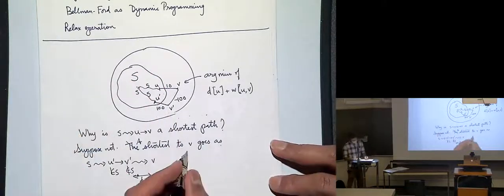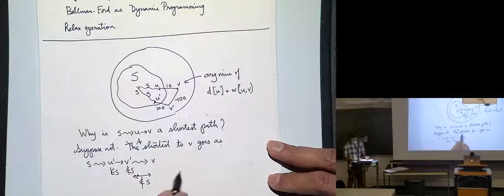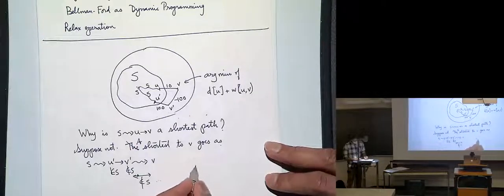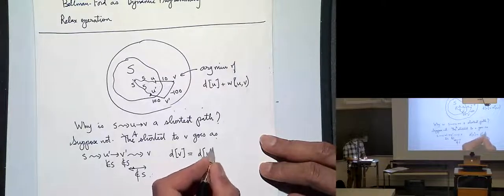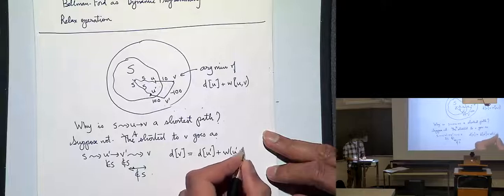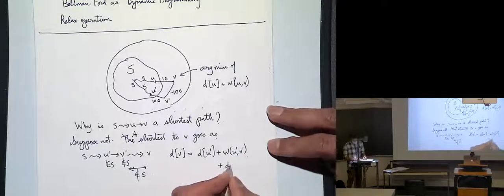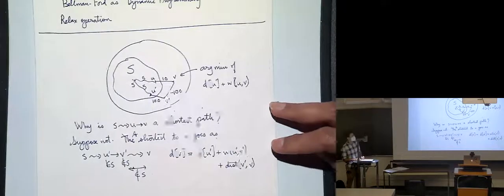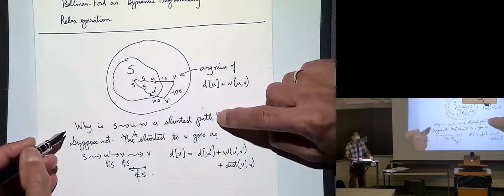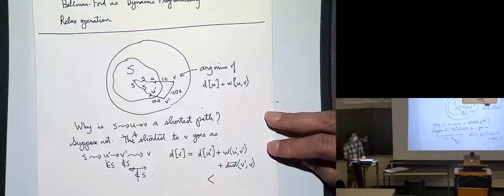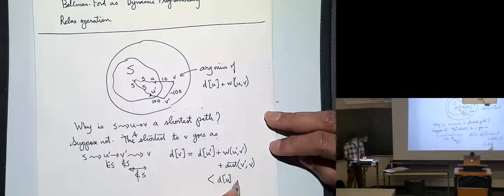So what this means is, let me just write this out now. The reason why this is the shortest path, if this is the shortest path distance, then you know that the distance to V is actually the distance to U prime plus the weight of U prime V prime plus the distance from V prime to V. And what we're saying is, because this is not the shortest path, this is strictly smaller than the distance to U plus the weight UV.